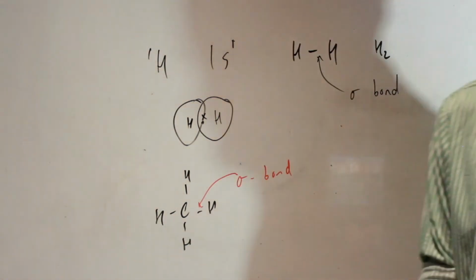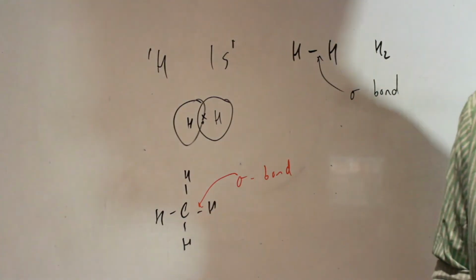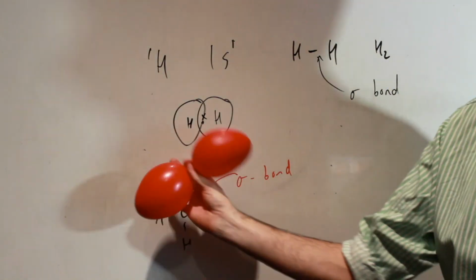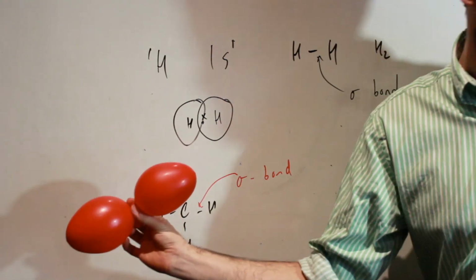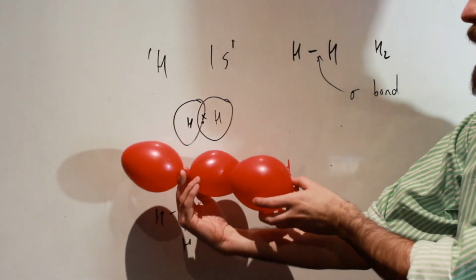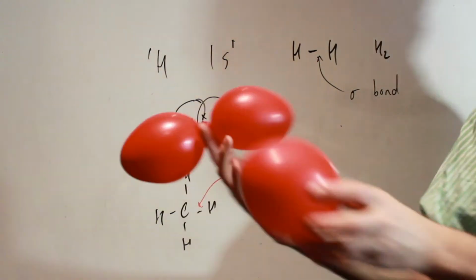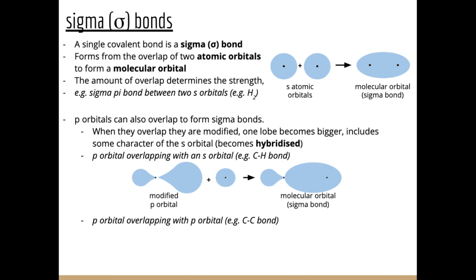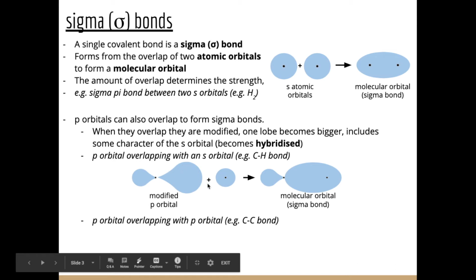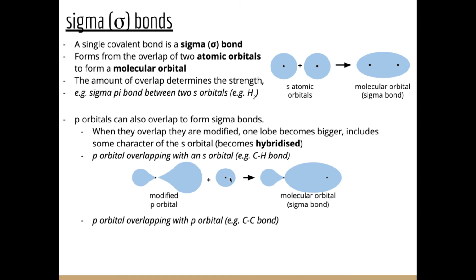This is a sigma bond between one of the p orbitals of the carbon with the s orbital of the hydrogen to form a covalent bond. If we look at that on the slides, we said that the p orbital becomes modified where one lobe becomes slightly bigger. So you get the overlap of the p orbital with the s orbital to form a molecular orbital there, which is a sigma bond, a covalent bond.